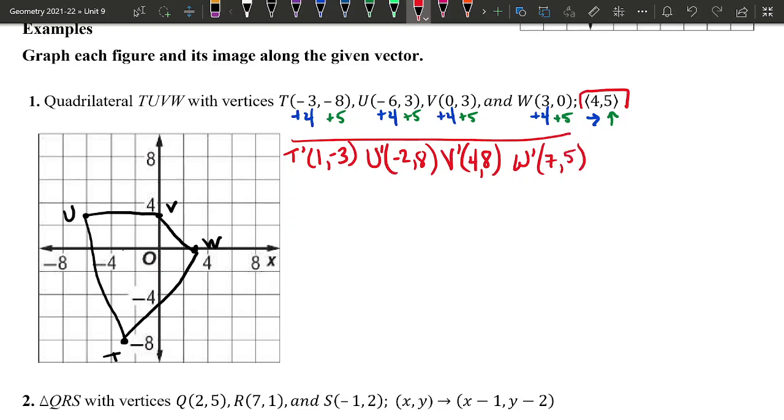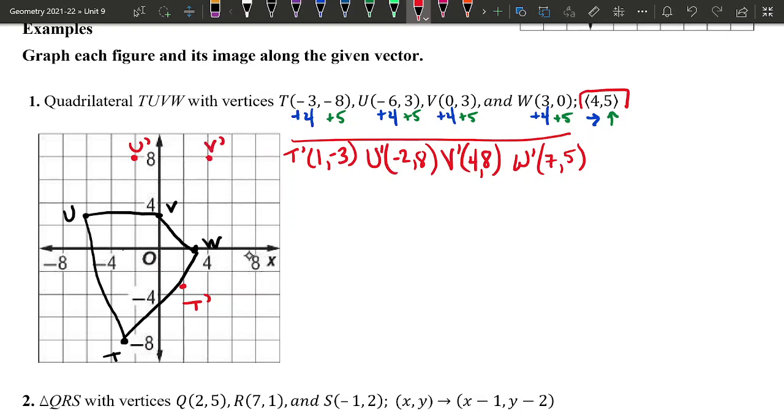So then when I plot these 4 new points, I should end up with the same shape. It's just going to be moved to the right and up. So T prime is at (1, -3). (-2, 8) is U prime. V prime is at (4, 8).